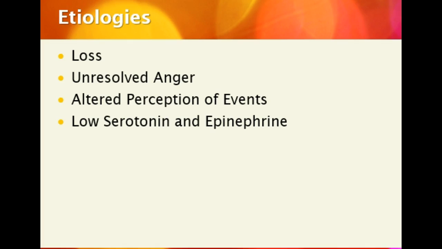If these are elevated, then the mood is elevated. If they're low, then the mood is low. Some also believe that there's a link between these neurotransmitters and female hormones. I personally believe that female hormones have a lot to do with mood because I'm one who has been affected by that all those years with premenstrual syndrome.